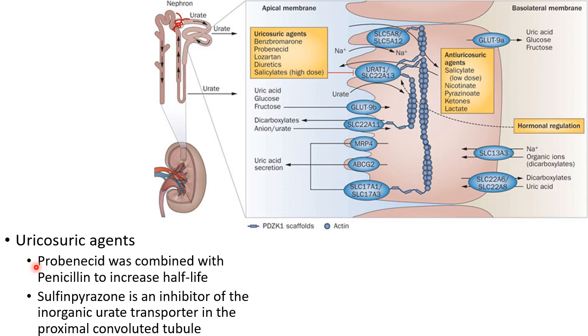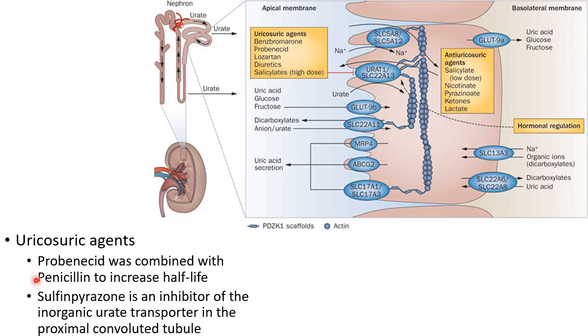Penicillin is eliminated via urinary elimination. So if you have a difficult time maintaining the plasma levels of penicillin, you can give probenecid to prevent the elimination of penicillin through the urine, and therefore prolong the duration of action of penicillin.